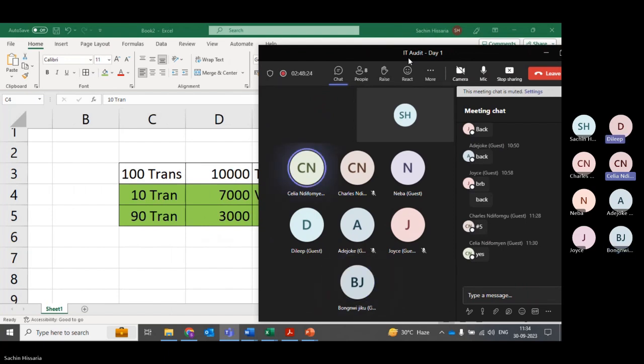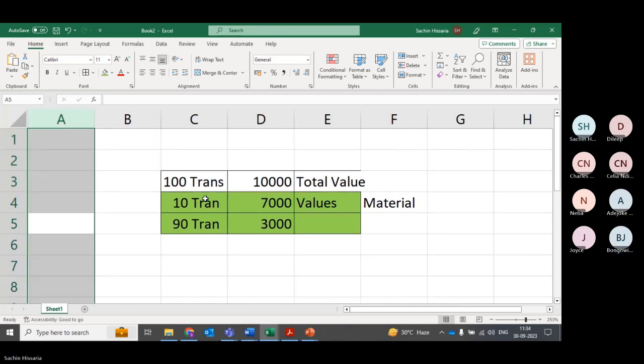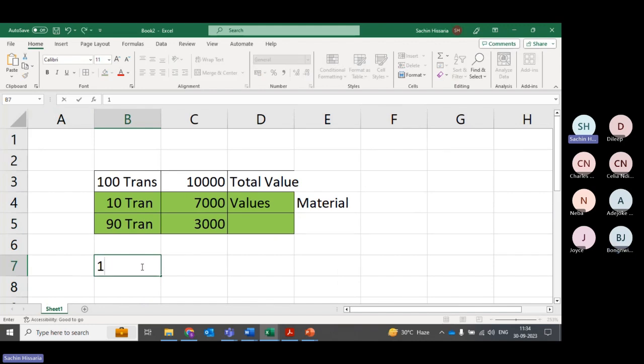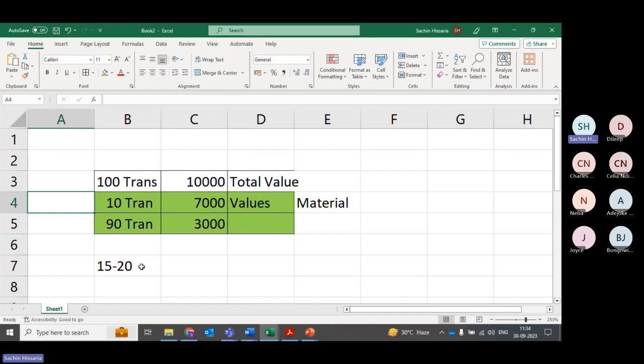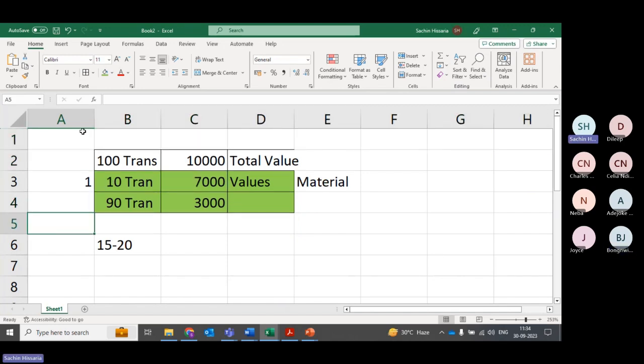I think 10, because those 10 transactions have more value. This is called a material transaction in terms of value. Now, as an auditor, suppose you need to select 15 samples or 20 samples, whatever sample size you want to decide, you will select more samples from these 10 transactions because they consist of more value. This is in terms of values. Now we'll discuss in terms of non-values as well.